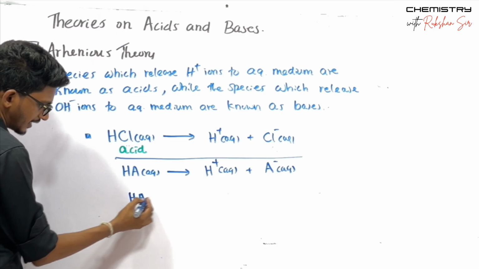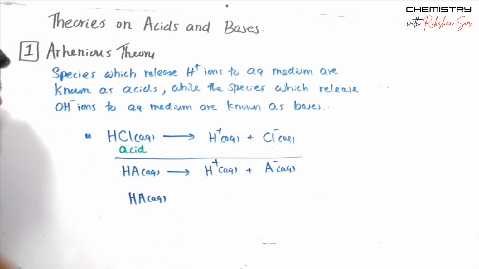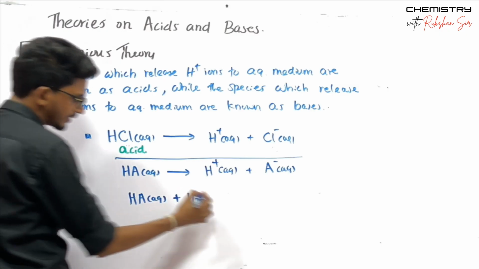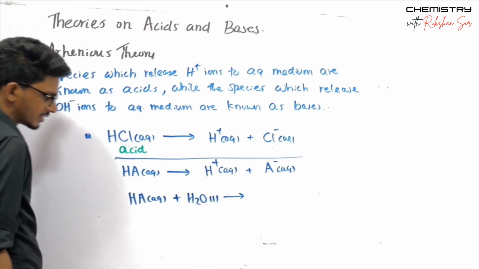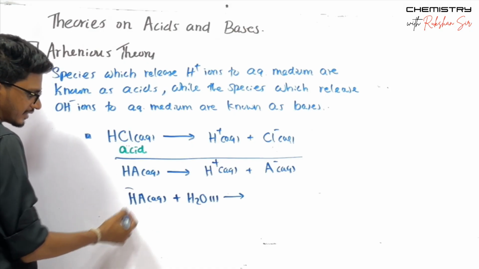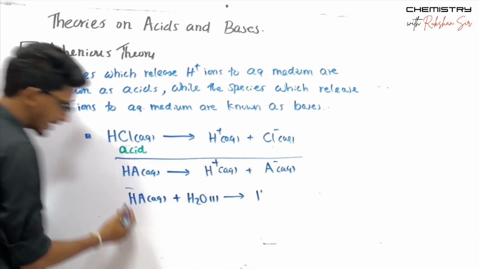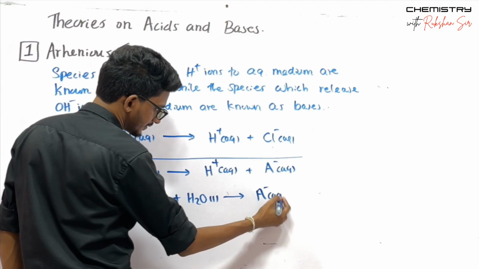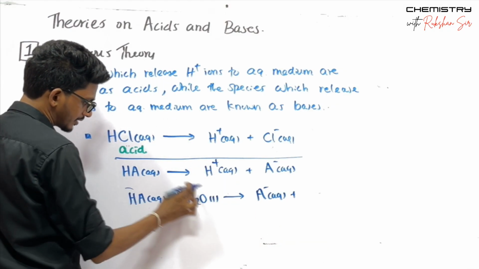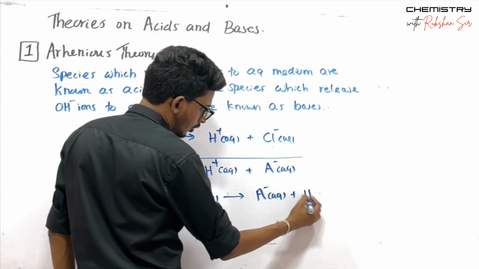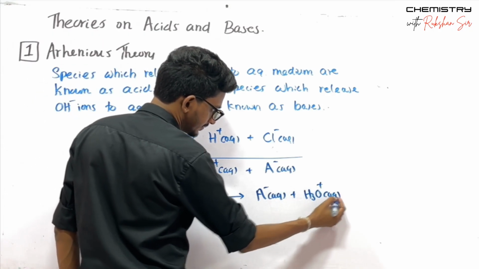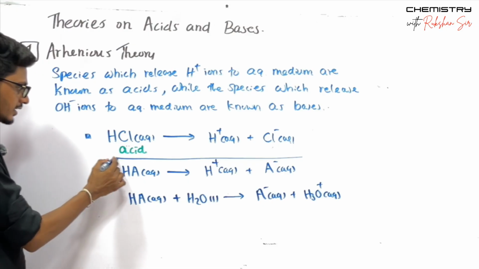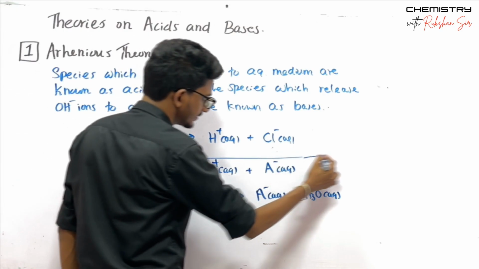So if you take the HA and when reacting with water in the aqueous solution, as this one releases H pluses, it will ultimately come up as A minus, and that released H plus can be grabbed by the H2O to form the H3O plus. The same thing can be written in this form as well, so that this HA can be referred to as an acid.